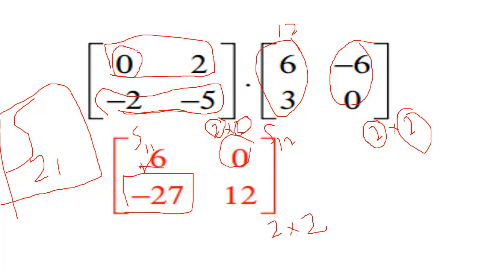Negative 12 and negative 15 give negative 27, as we write it here. The last number is the second row times the second column: negative 2 times negative 6 equals 12, and negative 5 times 0 equals 0. So 12 plus 0 is 12.